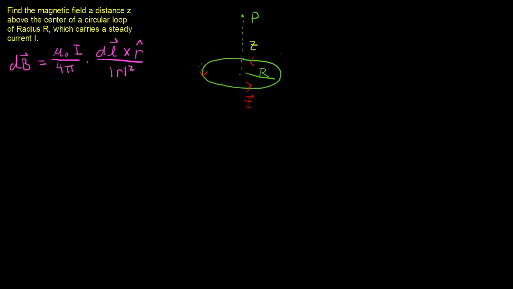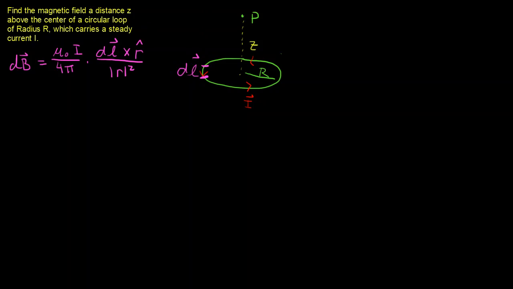So for example, the differential length element here looks a little bit like this, and we call that dl, and because it's a vector it actually has a direction, and we're going to say that the direction is in the same direction as the current. Okay, so that's dl, and then we have r, and r is the vector that points from dl to the point P, to the point of interest.